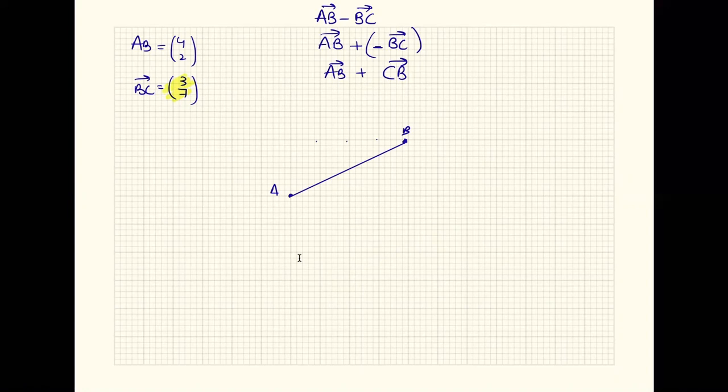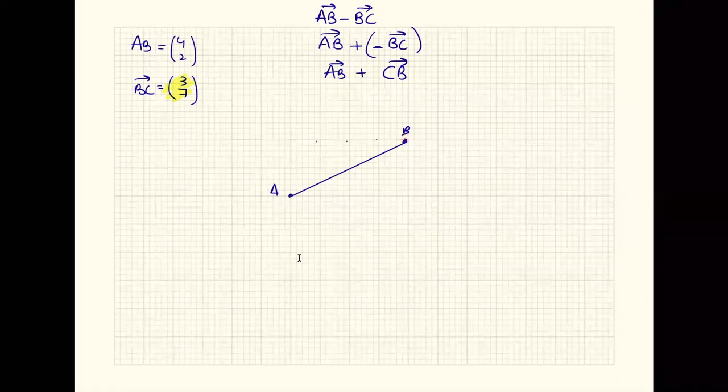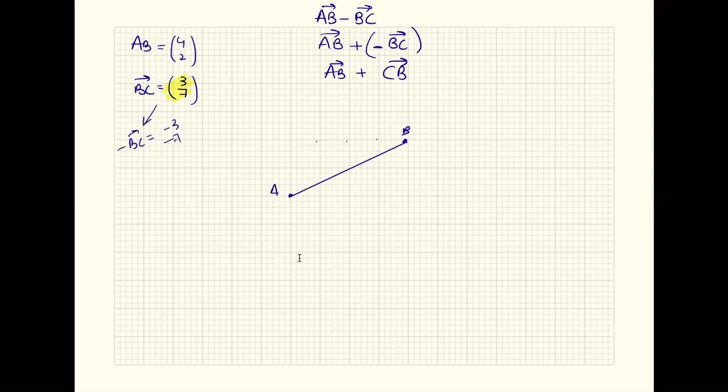So add the negative of BC. This is AB. Minus BC is going to be -1, -2, -3. 1, 2, 3, 4, 5, 6, 7.